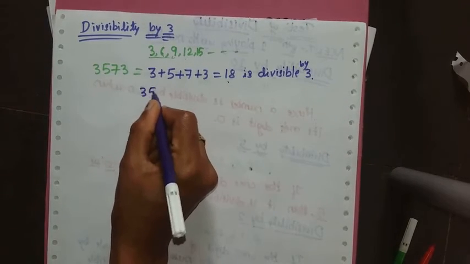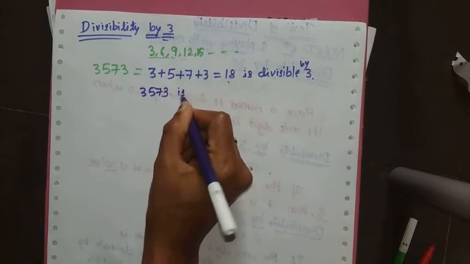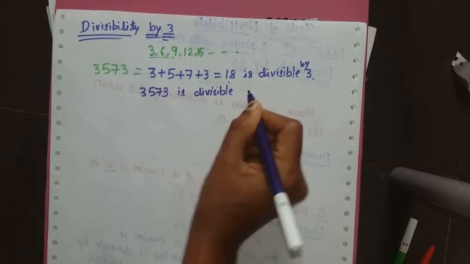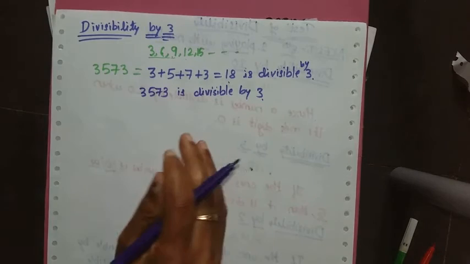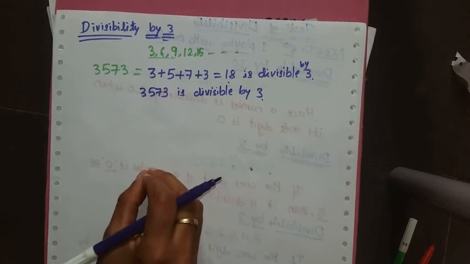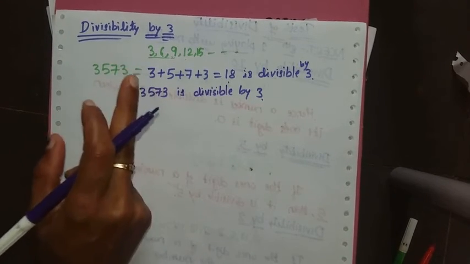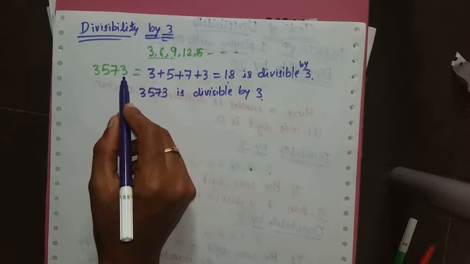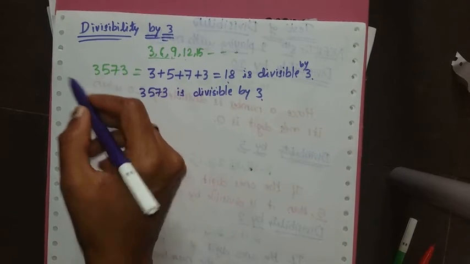Then 3573 is divisible by 3. A number is divisible by 3 if the sum of the digits is divisible by 3.